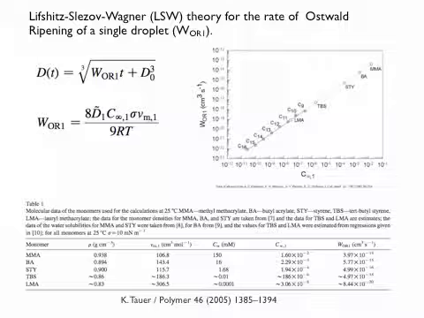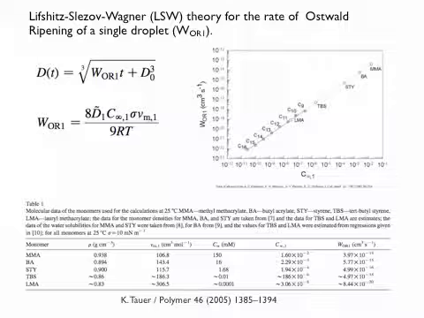So it's 8 times the diffusion coefficient of this molecule through the water phase, times the saturation concentration of the molecule in the water, times the molar volume of this molecule, times the interfacial tension in this case, divided by 9 times RT, R being the gas constant and T being the temperature.